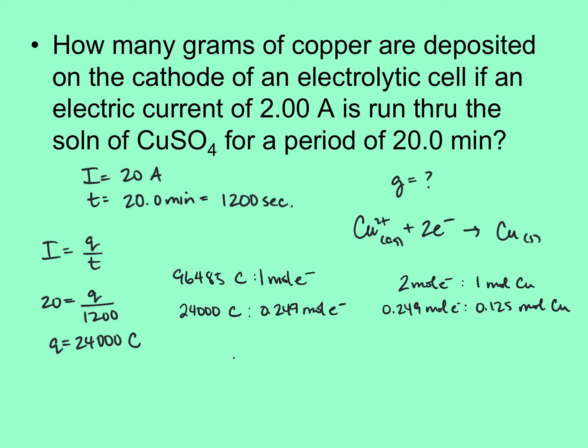The final step is to multiply that 0.125 moles of Cu by the molar mass of Cu, 63.55 grams per mole. That will give you a final answer of roughly 7.92 grams of Cu.